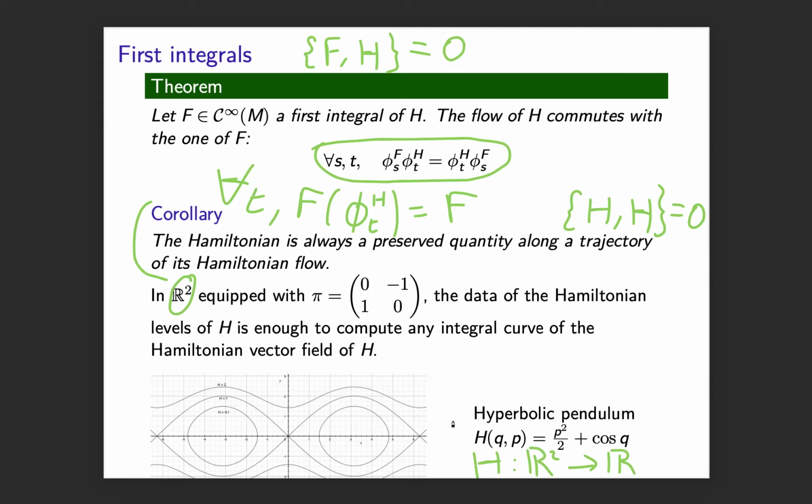And if you try to make a picture of the levels of H, you will find the figure I plotted here. And so now you know all the trajectories of the Hamiltonian vector field of H. In particular, if H of x0 is small enough, is close enough to 0, then the trajectory will remain periodic.